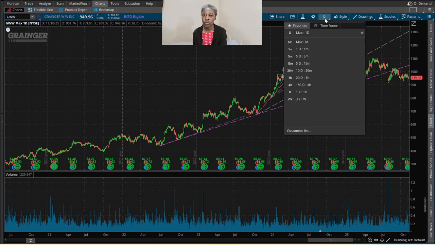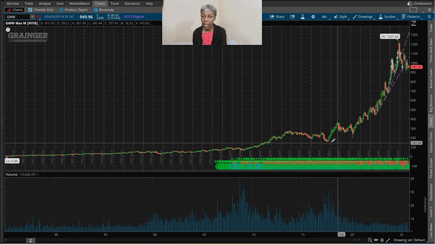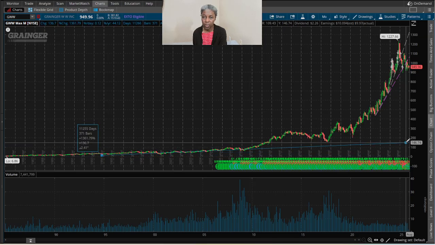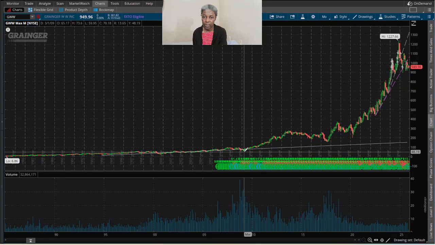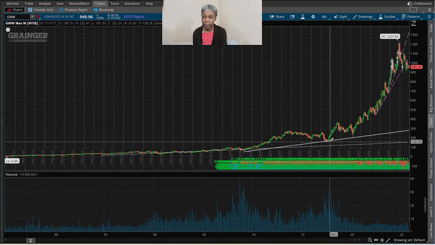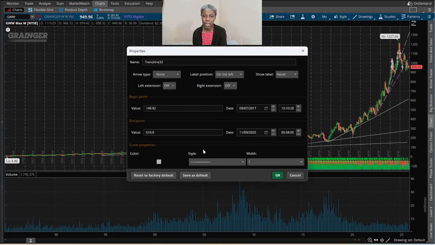So I'm going to go to the maximum monthly chart to see. You see, it's kind of a steep type of growth. So if I wanted to trace support lines here, valid lines, I'm not sure if it's going to try to come down to this line or not.